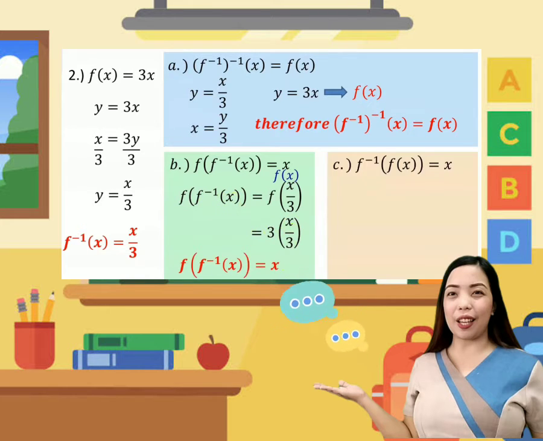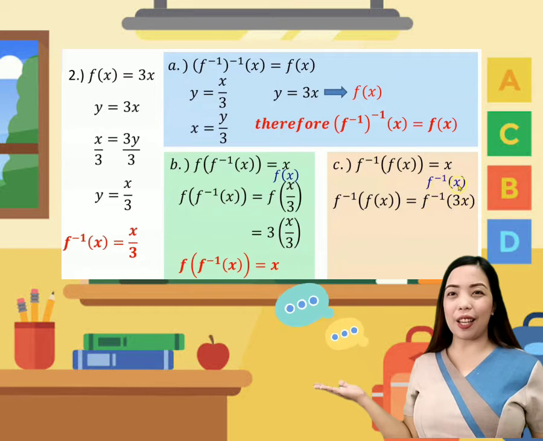Last one, letter C. F inverse of f of x is equal to x. So f inverse of f of x, let us copy f inverse. Our f of x is equal to 3x. So this time this will be our x. So we have f inverse of x.